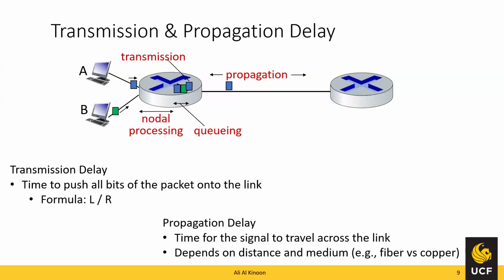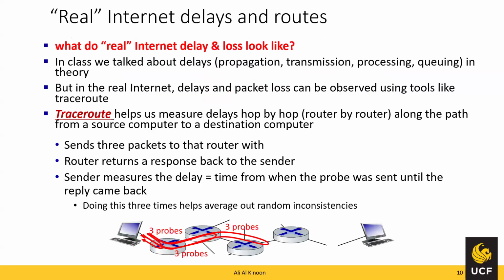Think of it as a car moving during traffic. This is the time that we're calculating: the time for the signal to travel across the link, and that depends on the distance and the medium. And we spoke about different physical cables, how each one is more powerful than the other: cable, DSL, fiber optic, and then the hybrid, and there are various ones.